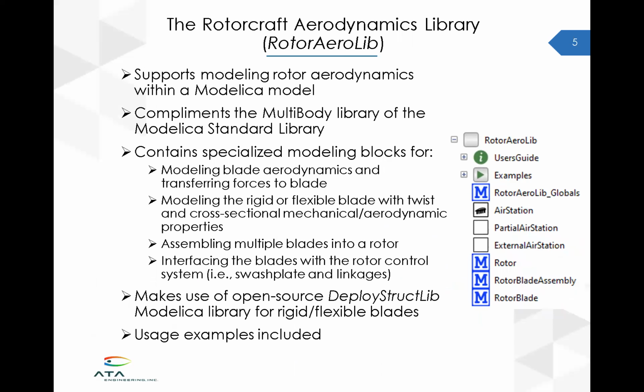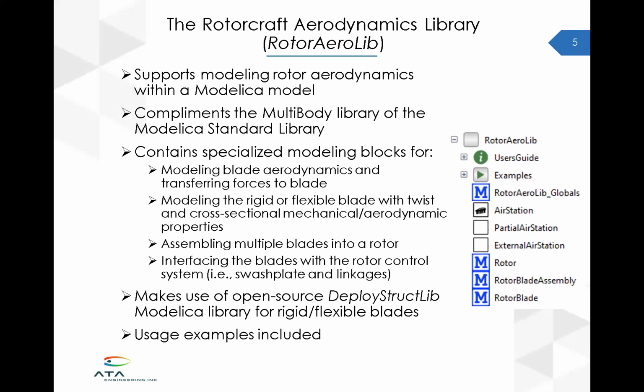This library that we developed is called the Rotorcraft Aerodynamics Library, or RotoAeroLib for short. Again, it's targeted toward the aerodynamics of the rotor rather than all the different pieces. It complements the multibody library, of course, in which the main interface is the frame connector.